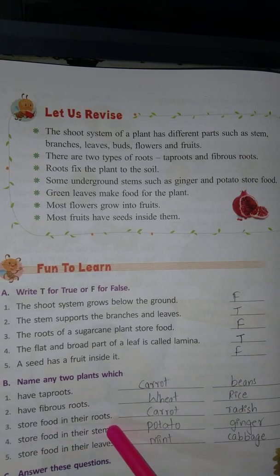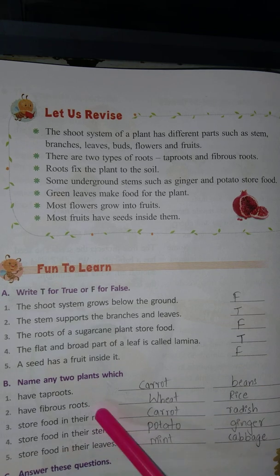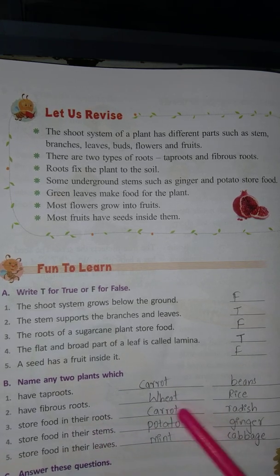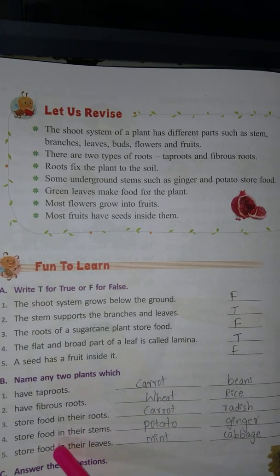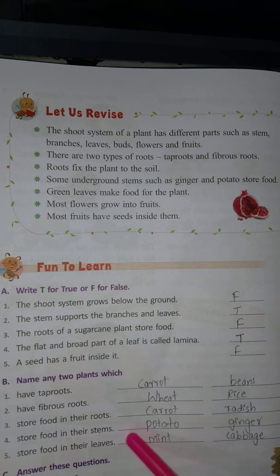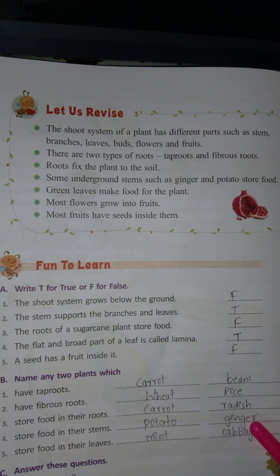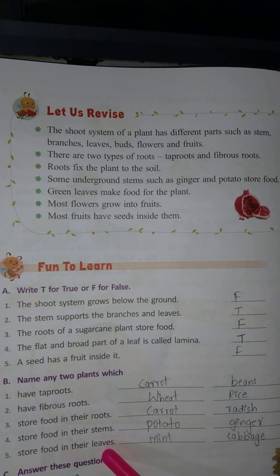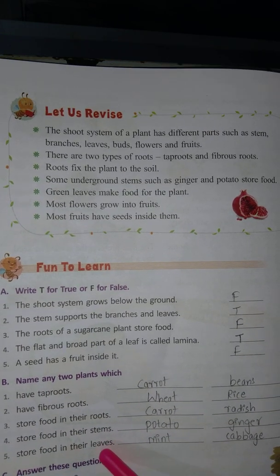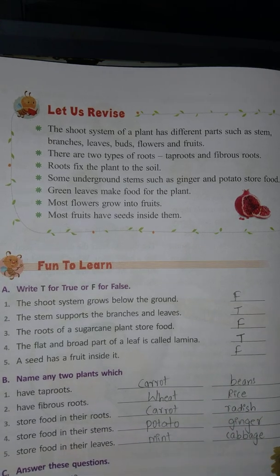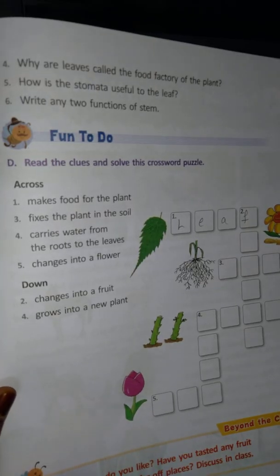Which plants store food in their roots? Carrot and radish. In their stems? Potato and ginger. In their leaves? Mint and cabbage.